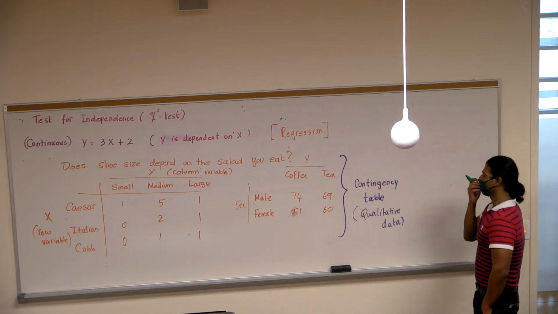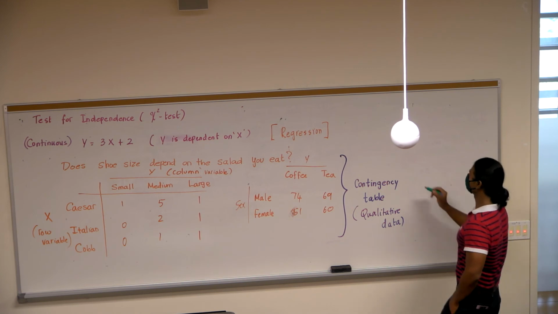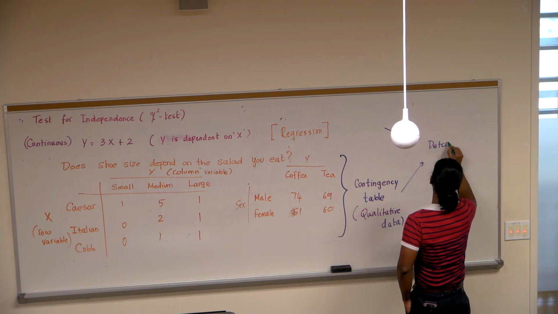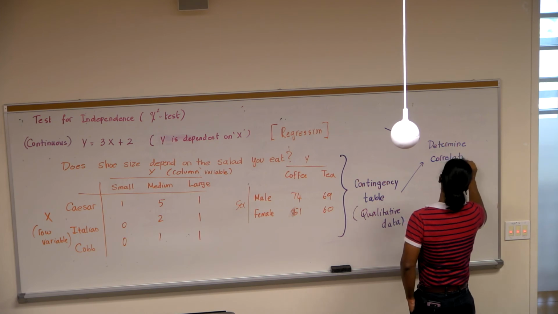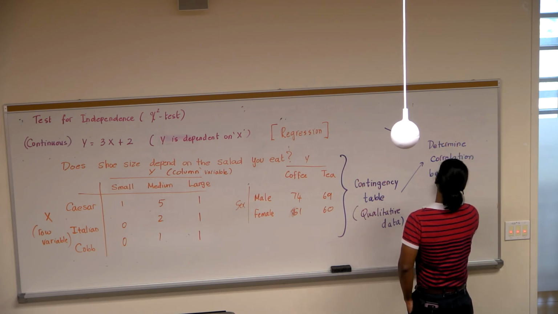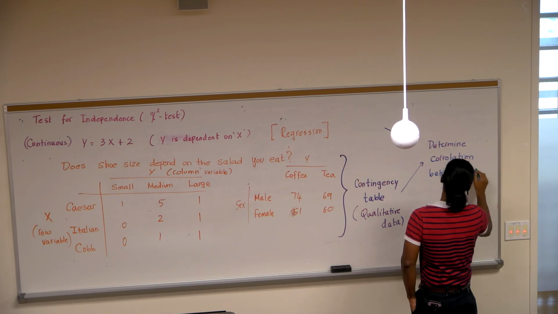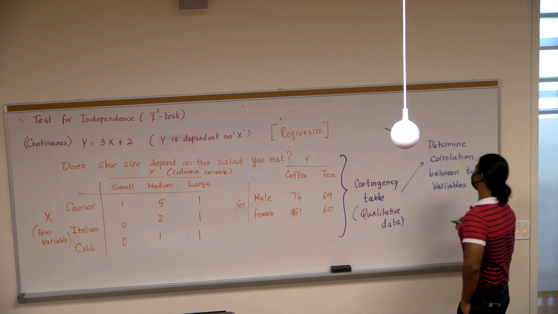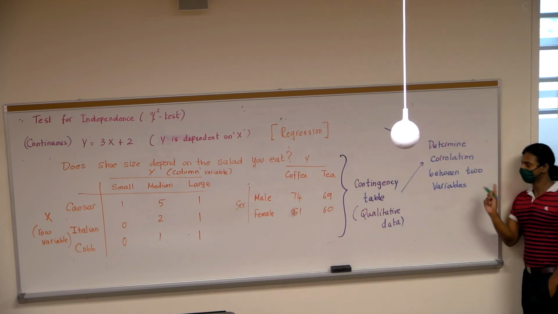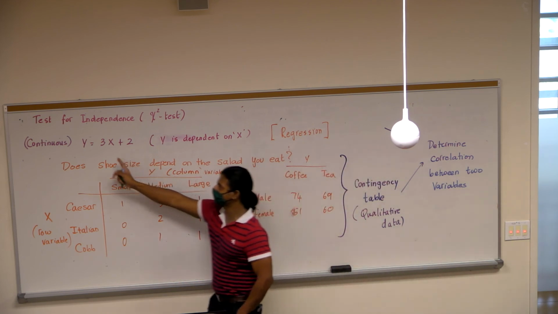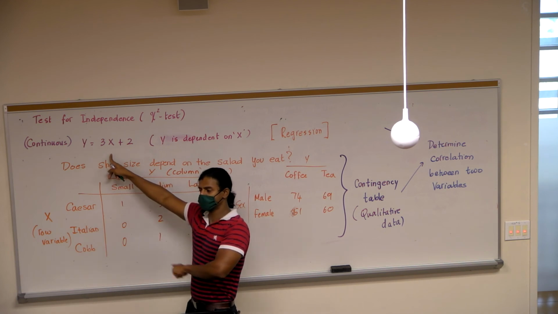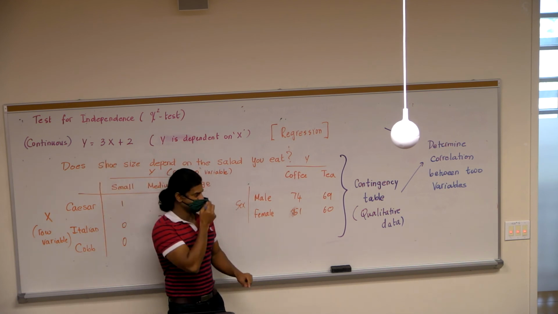Regardless of the case, both of them try to determine the correlation between two variables. In the continuous case, if I could fit a line of this sort, clearly y is dependent on x. As x changes, y is going to change.